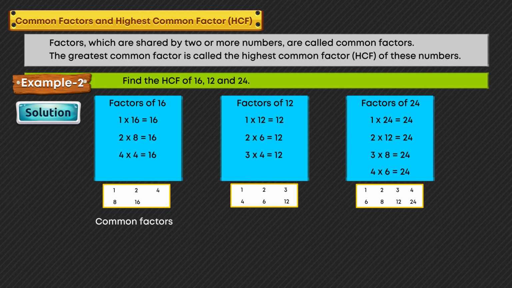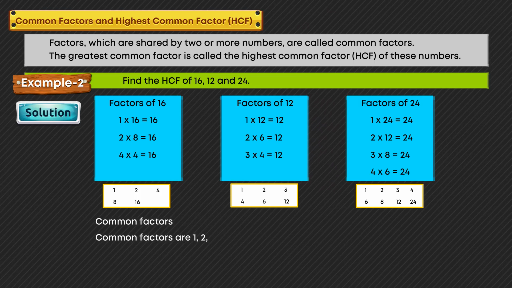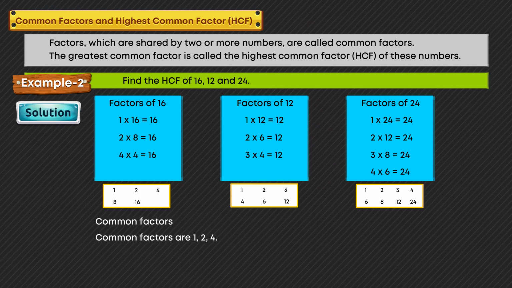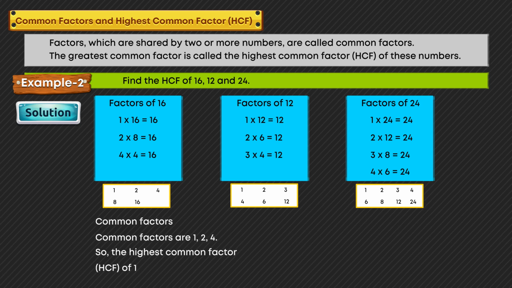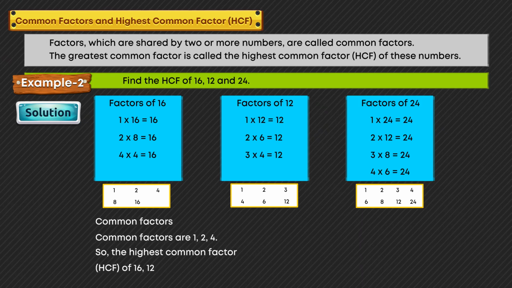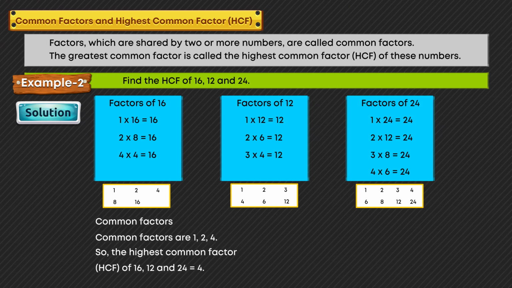Common factors. Common factors are 1, 2, 4. So, the highest common factor, HCF, of 16, 12, and 24 is equal to 4.